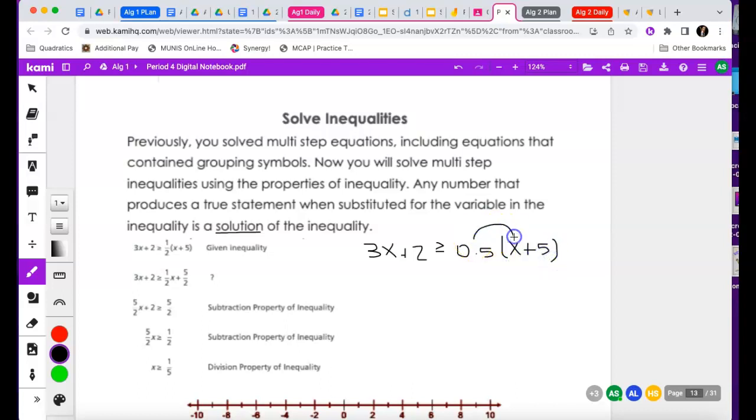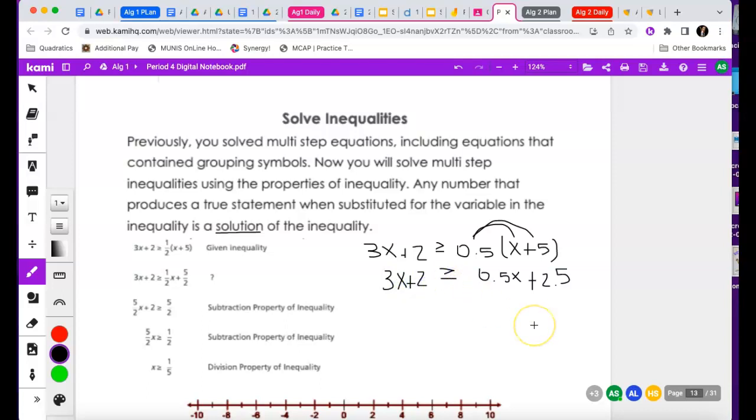So 0.5 times x is 0.5x, and 0.5 times 5 is 2.5, so plus 2.5. Everything else we bring down. 3x plus 2 is greater than or equal to.